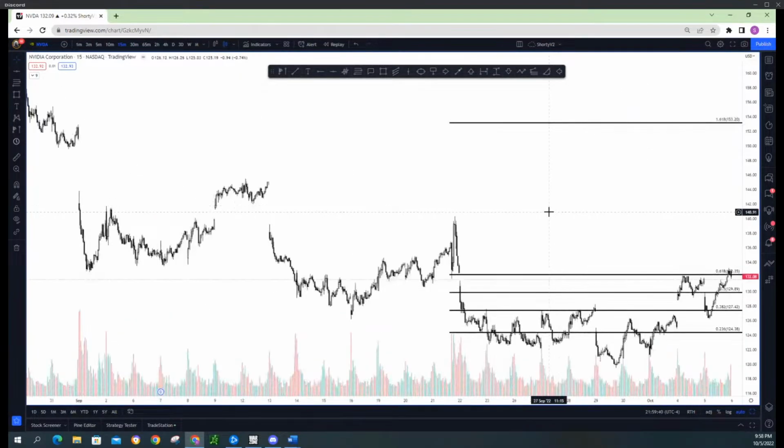Pretty nice rejection there. That's one of my favorites for puts when we're in a down market to continue down.